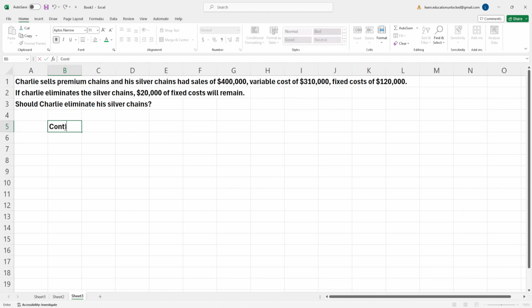So the first step we want to do is let's create our table. So we have continue to make the silver chains, or let's eliminate it. And we have net income increase or decrease.